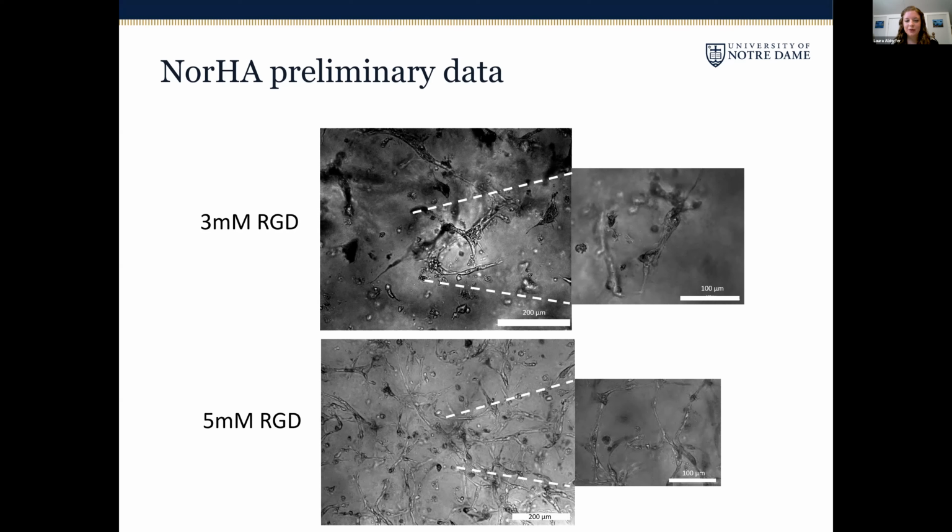So yes, we're hoping to both modify the stiffness of our matrices as well as incorporating different amounts of RGD, as well as we can also alter the amount of hyaluronic acid in our system. During the chemical synthesis, we can alter the modifications to incorporate more or less. So yes, we need to check different stiffnesses to basically decouple the mechanics from the RGD binding sites.